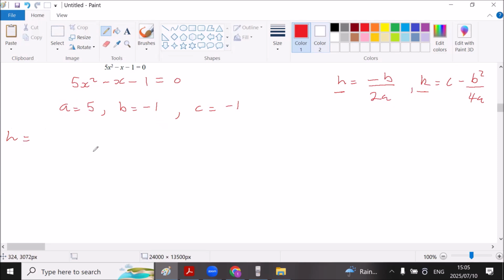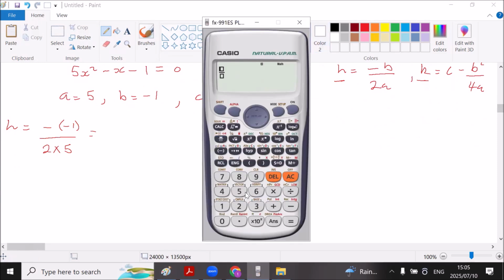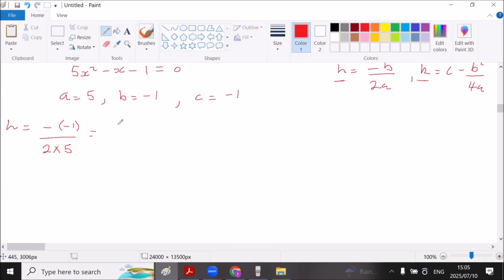H here is equal to minus minus 1 over 2 times 5. From our calculator, minus minus 1 over 2 times 5 is 10, which is 1 over 10.